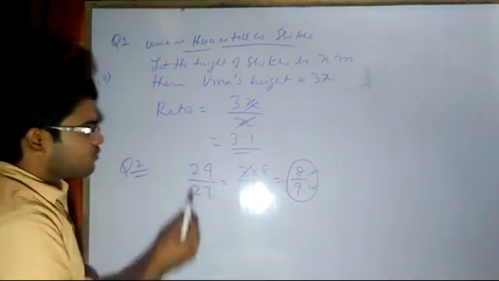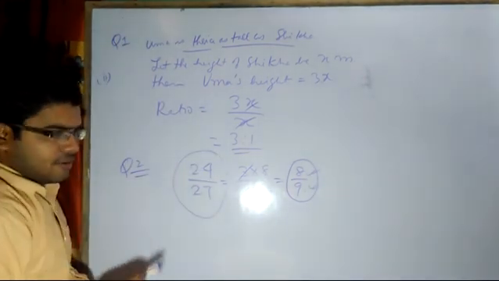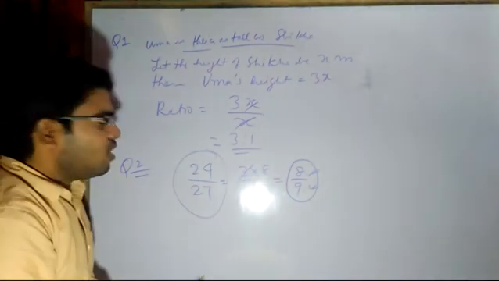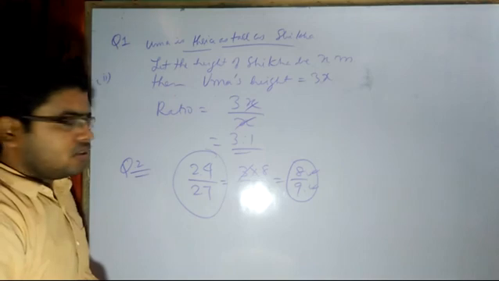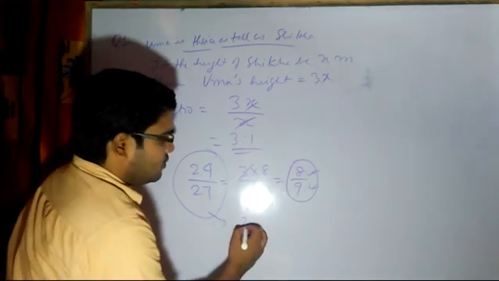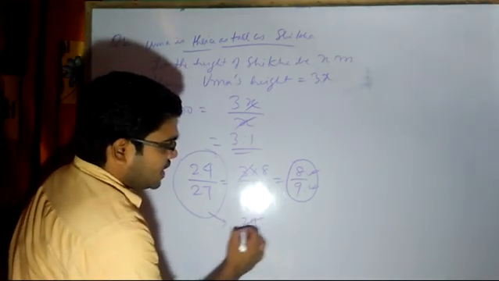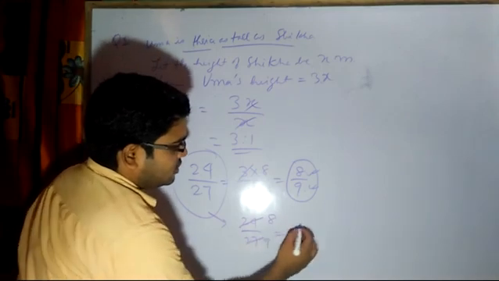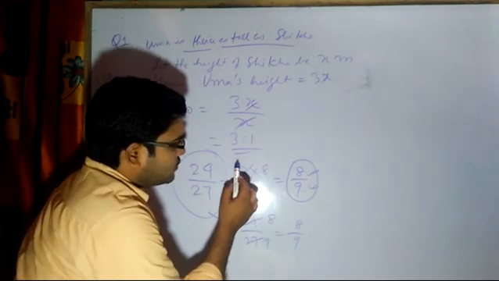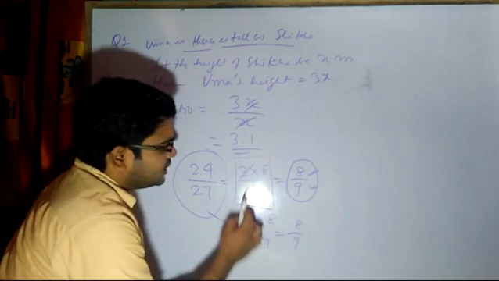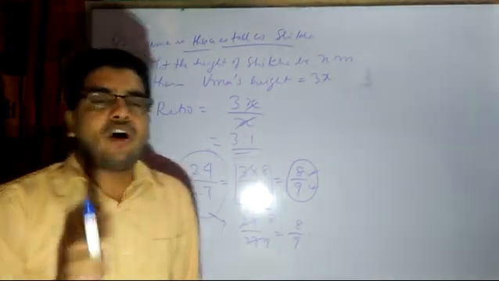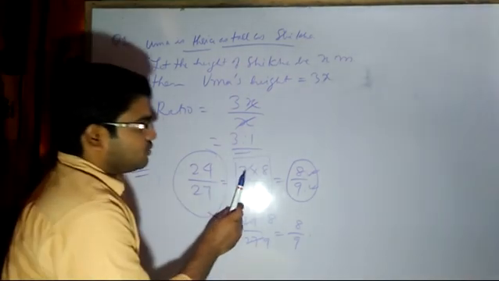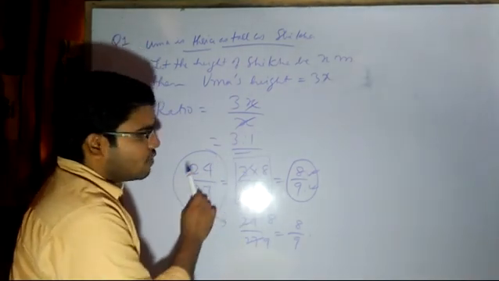This is the simplest form of the ratio 24 by 27. Further, I cannot cancel this. So the shortcut method that you will follow is, you can write 3 8s are 24, 3 9s are 27, so 8 upon 9. This way I have just tried to write it in the form of factors, which we have already studied in our previous chapter, how to write the factors of all the numbers.